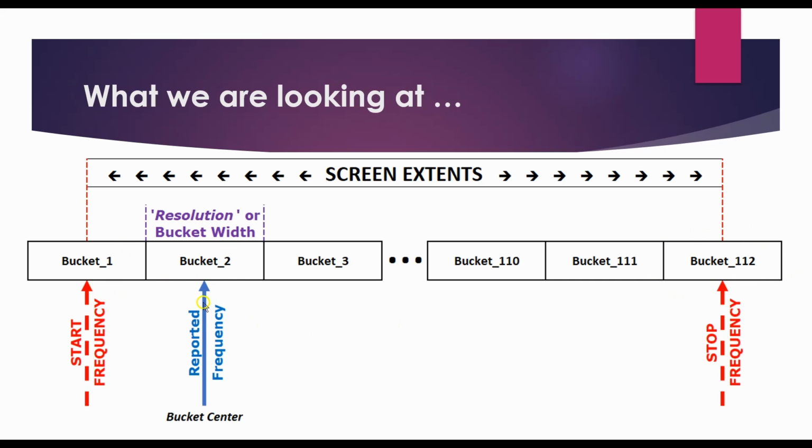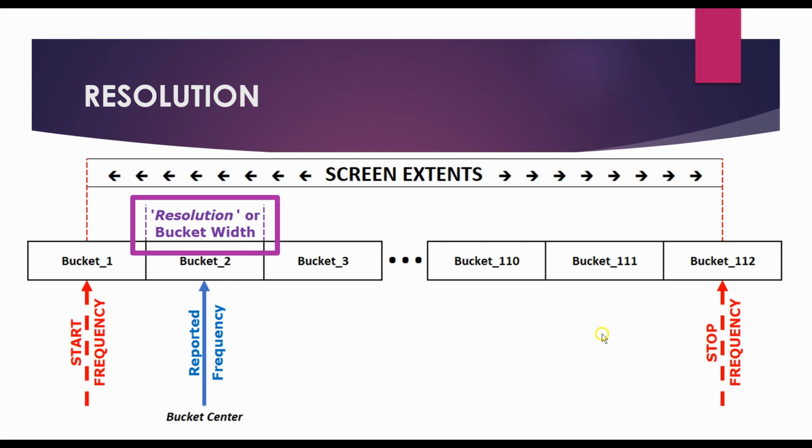And the frequencies that are reported are the center of each of these buckets. So what if we want to know what the resolution is given a set of circumstances, or we need to establish a particular resolution so that we get the kind of resolution we need for our measurement.